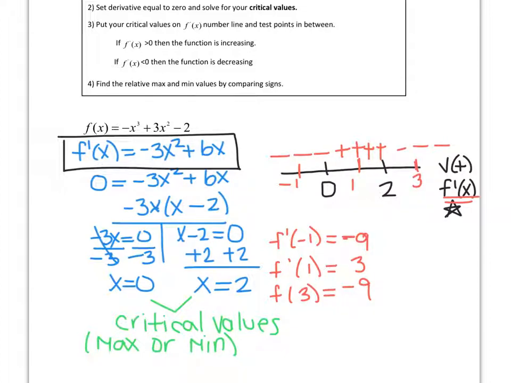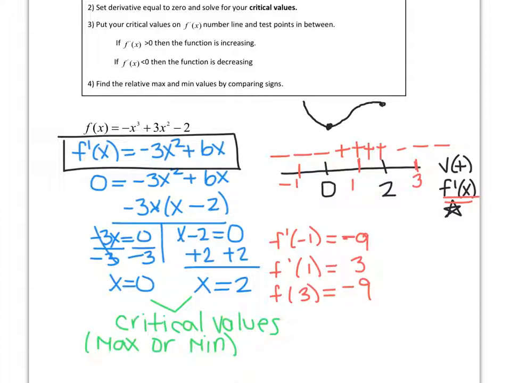So to figure out which one of these values, 0 or 2, is a max or a min, you have to think about what's happening at the graph. Because we have this minus here, that means the graph is going down this way. So we could draw a little bit of a sketch. It's going down, down, down, down, down. But then once it hits 0, it starts going up, right?